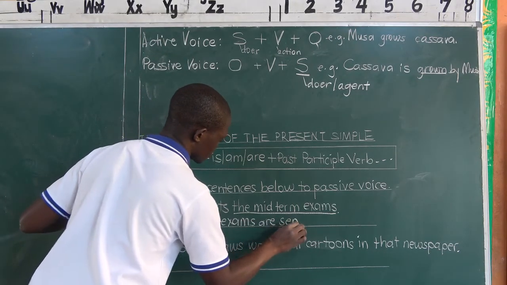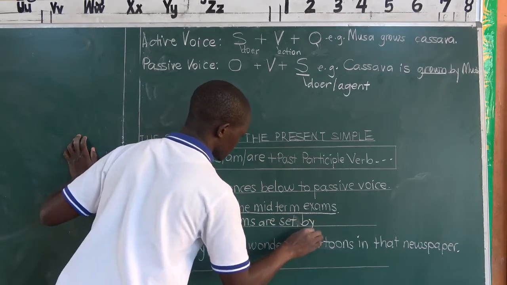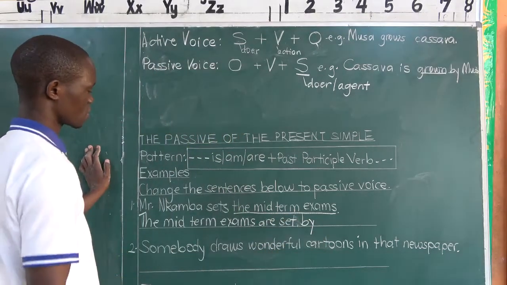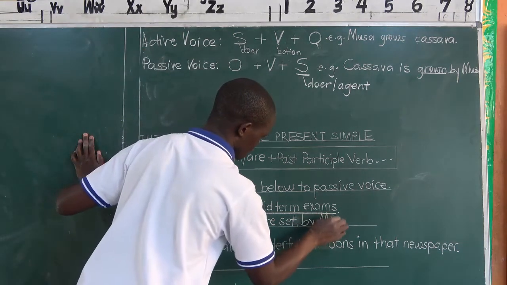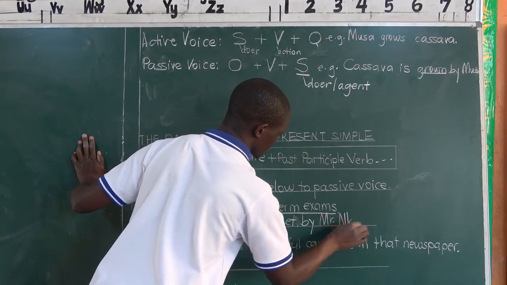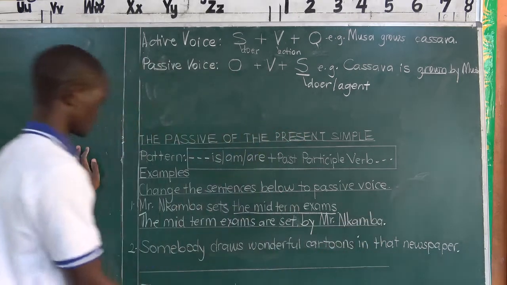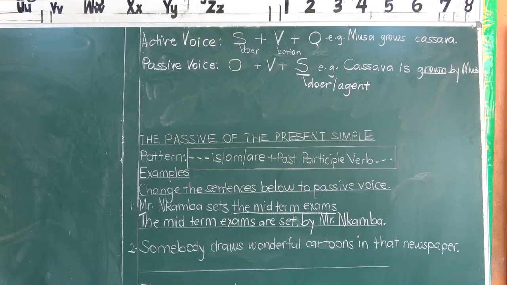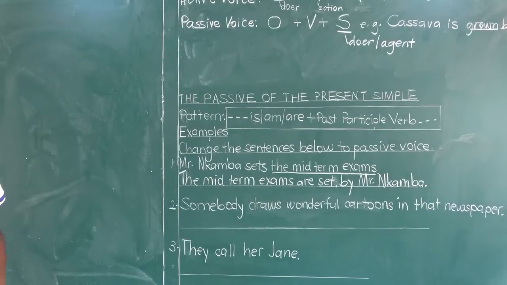Because there are many, we use are. Then use by to introduce the doer, and that is Mr. Nkamba. Don't forget to punctuate. The midterm exams are set by Mr. Nkamba. Our next sentence is: somebody draws wonderful cartoons in that newspaper.